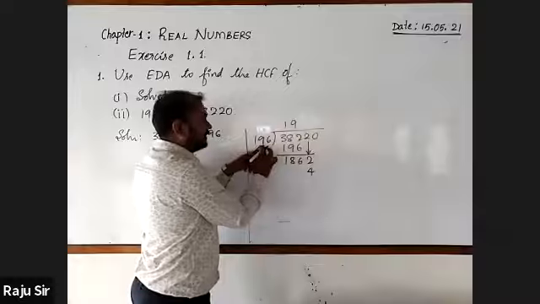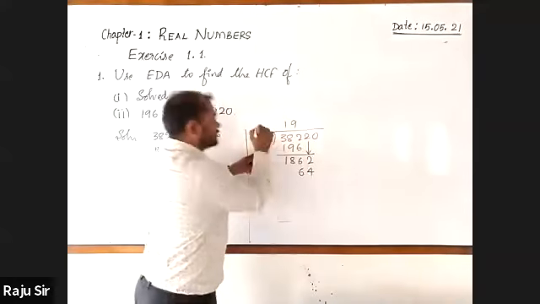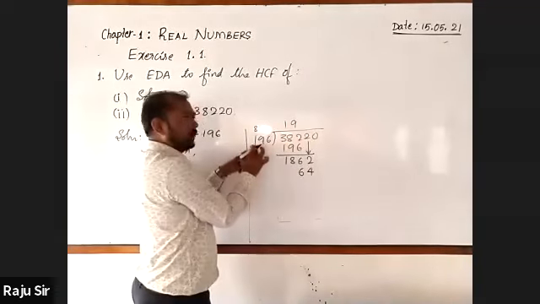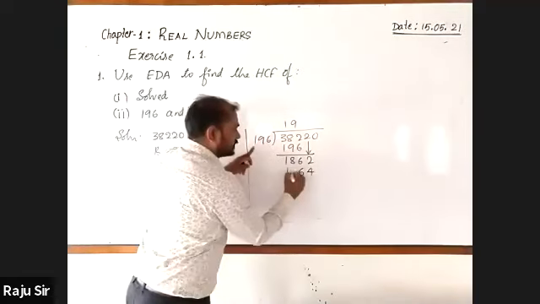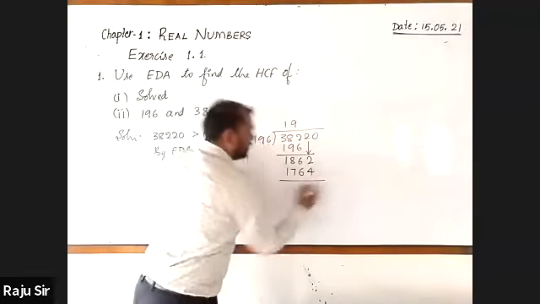Then 9 9s are 81, plus 5, 86. 8 is the carry. 9 ones are 9, 9 plus 8 is 17. Have you got same? Yes, sir.